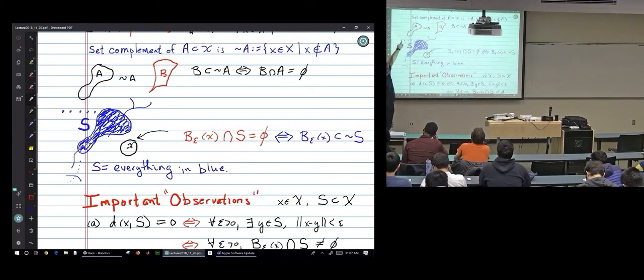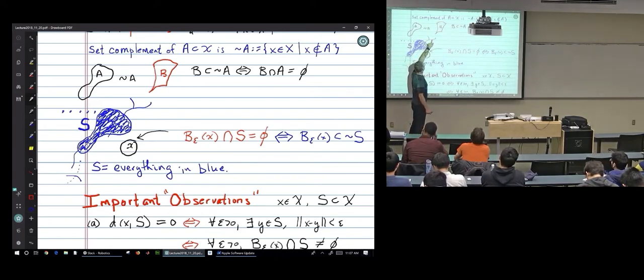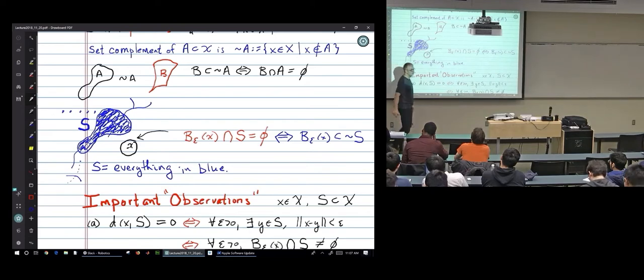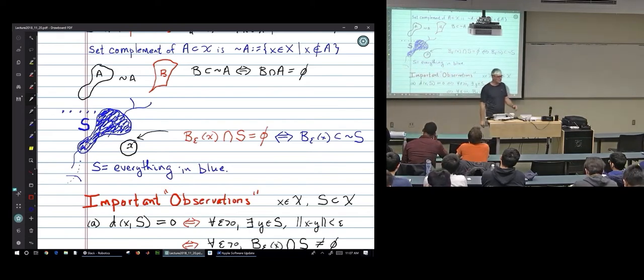A point is closed. Here, they're all distance 0 from the set. So, unless there's something here getting closer and closer, a whole bunch of rational numbers piling up to maybe 1 or something, that set looks like it's closed.